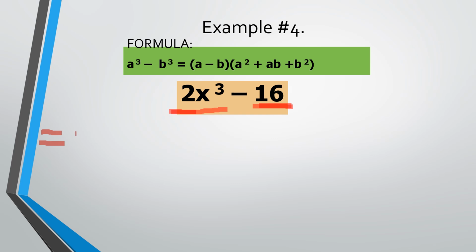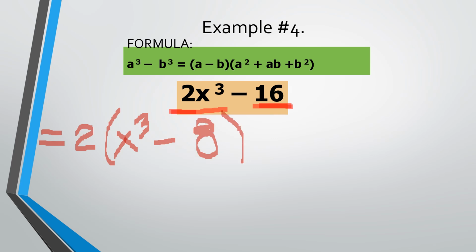We have here 2, multiplied by x cubed minus 8, and then you close it. So we can now solve this problem. You put equals here, you copy the GCF, which is 2.